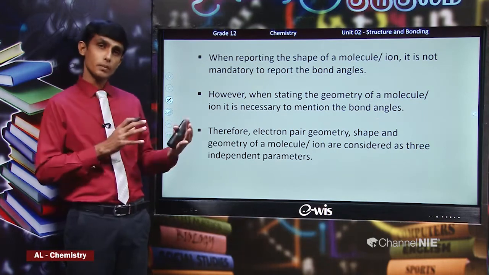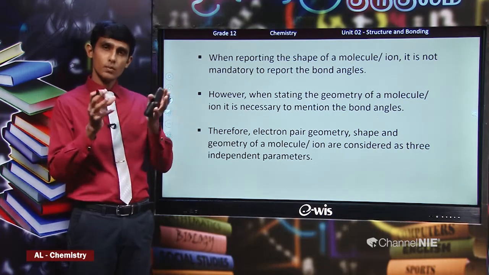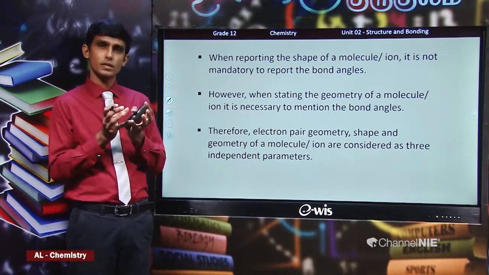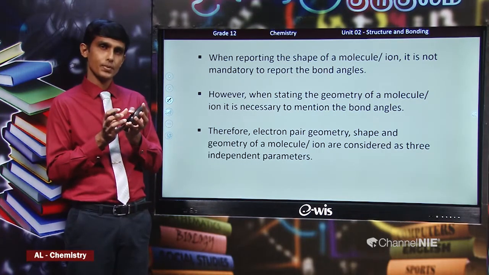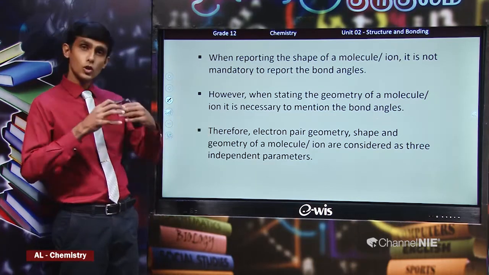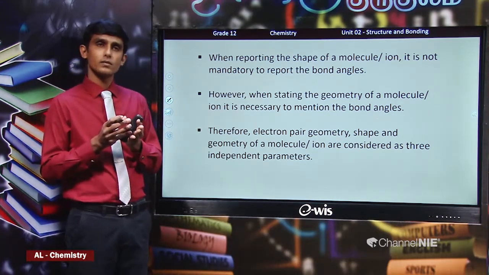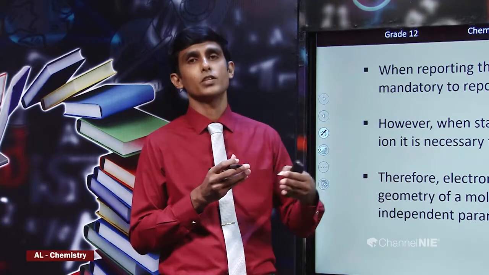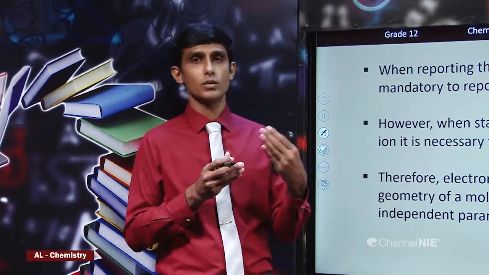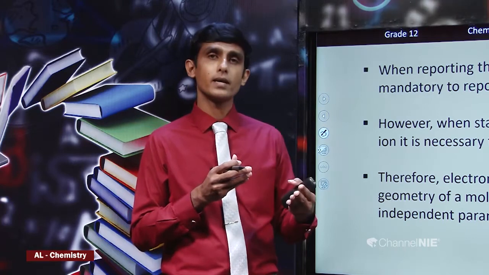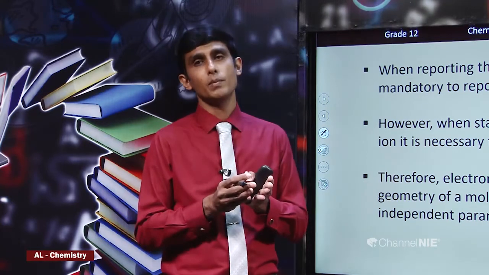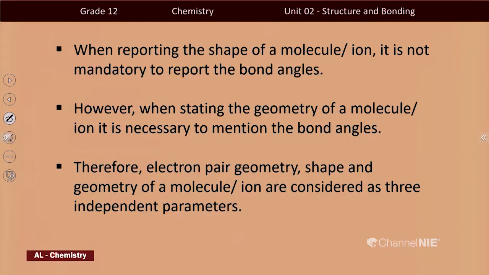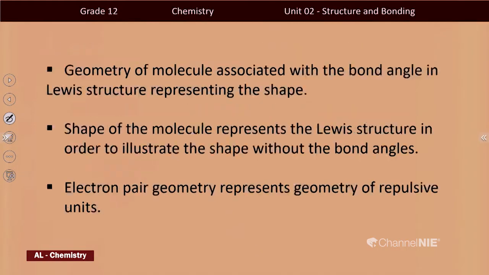When you say shape, we do not consider the lone pairs, but we consider the shape between the atoms in that particular species. When you consider geometry of the molecule or ion, it contains more information. It gives you the shape, bond angles, all this information will be provided. Right? So, these are three different parameters.